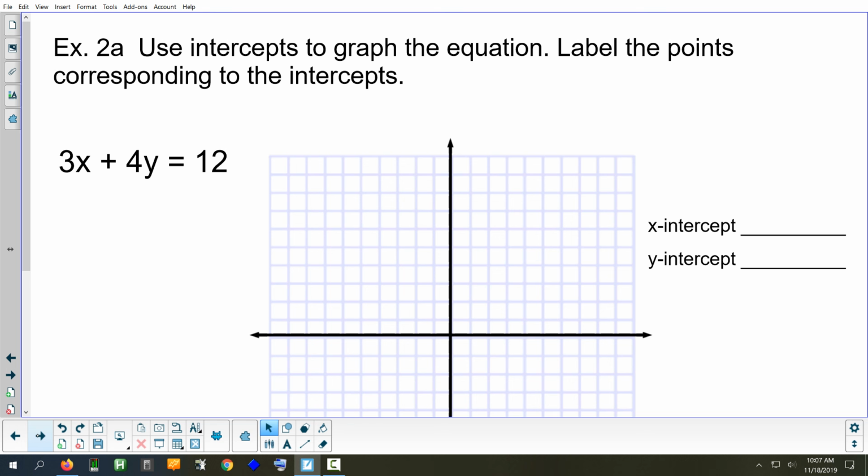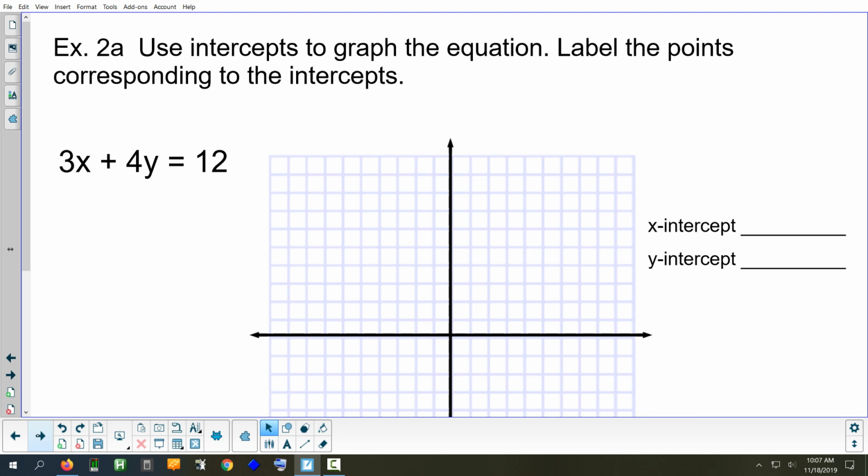All right. So it says use intercepts, that means the x and the y, to graph the equation, and then label the coordinate of the intercept. Now, can somebody tell me, just by looking at this problem, how do you know it's not a special case?